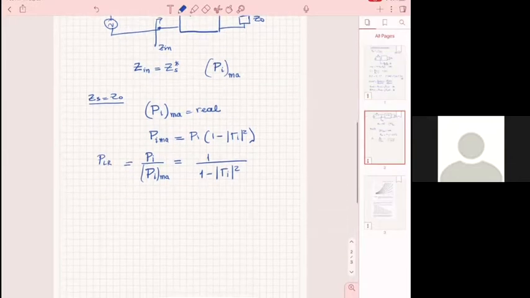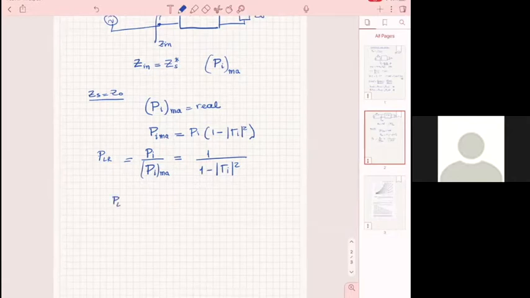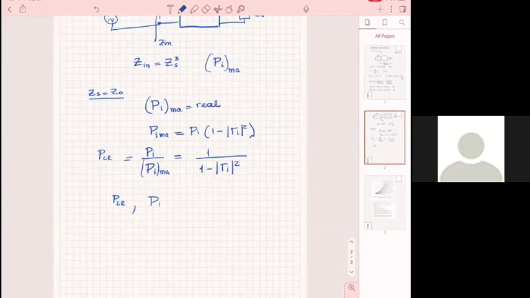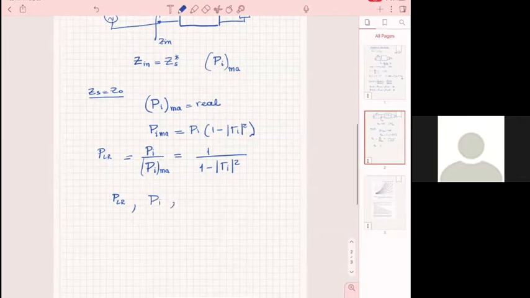Now, these powers are real. And therefore, PLR, obviously, is the maximum power that goes inside. This one plus this one plus the IMA, they will all be real, okay?